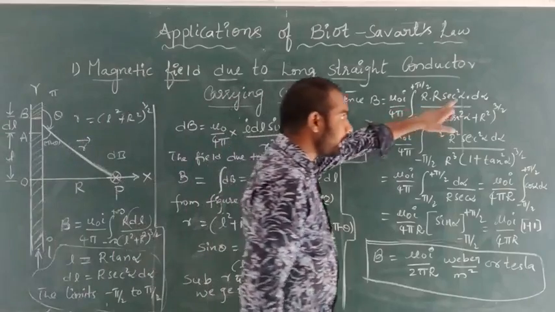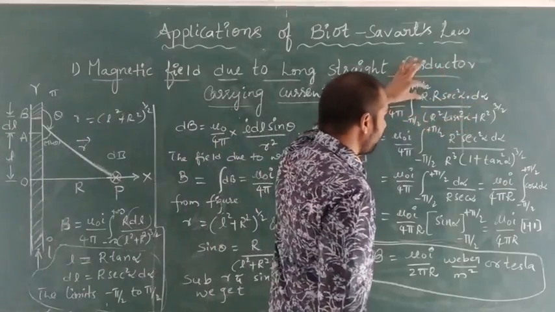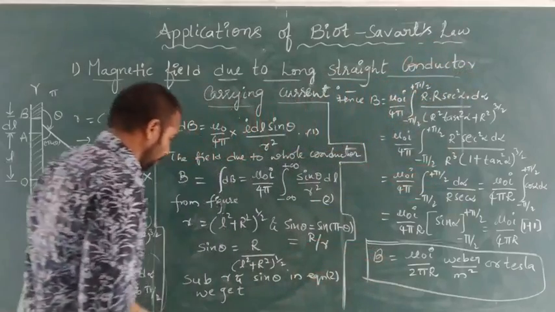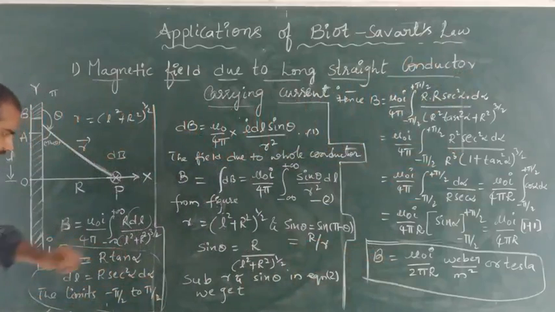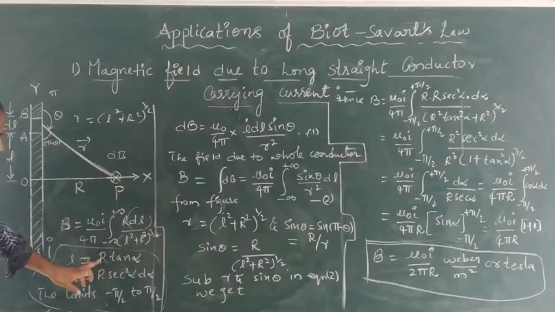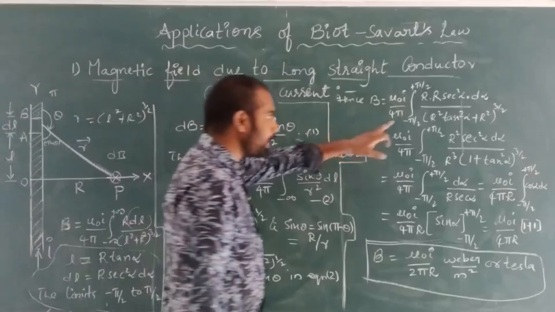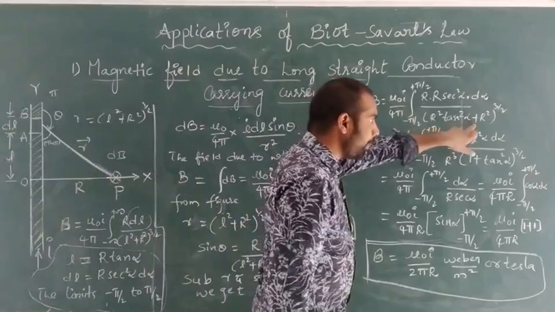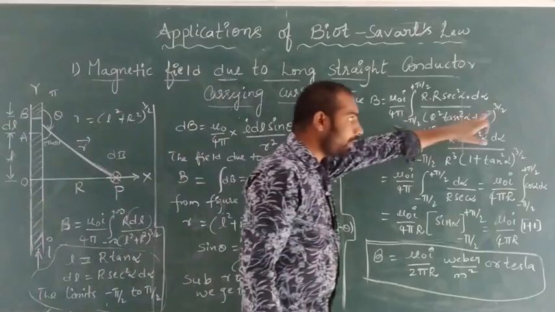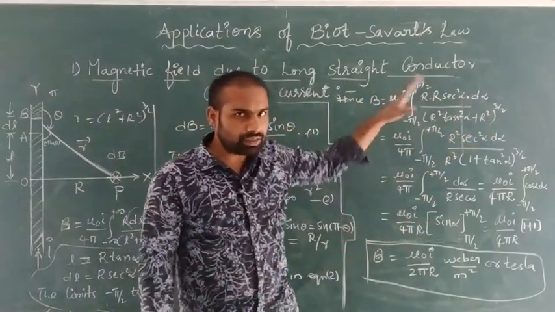So R into R secant square alpha d alpha divided by, now in place of L square, what is L? L is R tan alpha, so L square becomes R square tan square alpha, plus R square, which is the same, to the power 3 by 2. Okay, up to here clear.